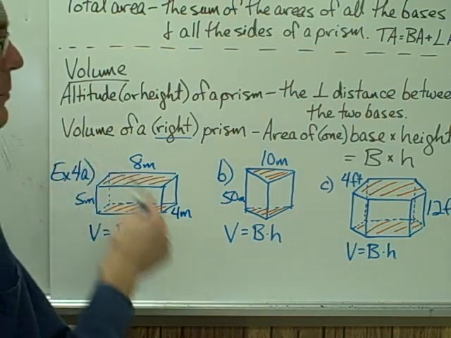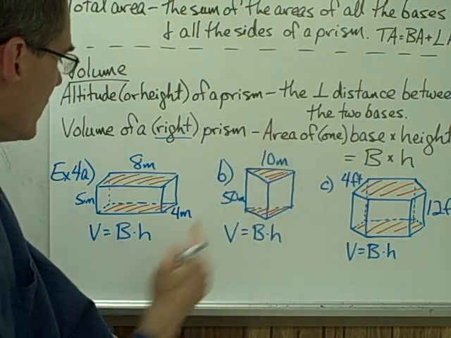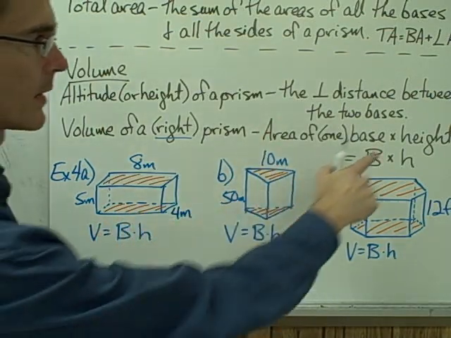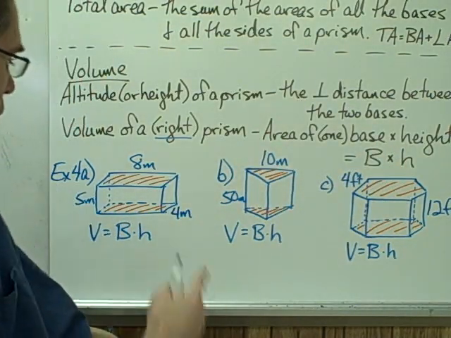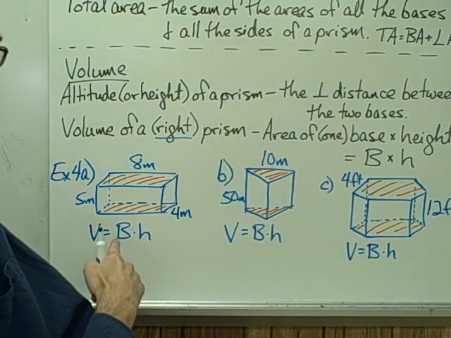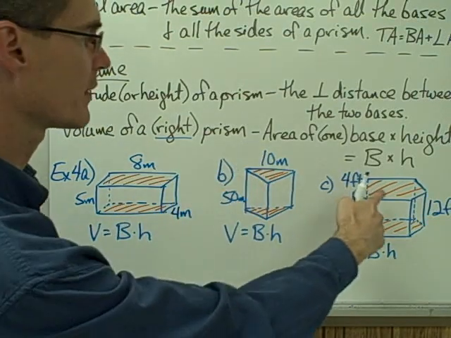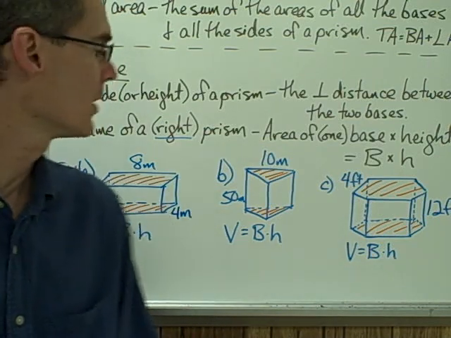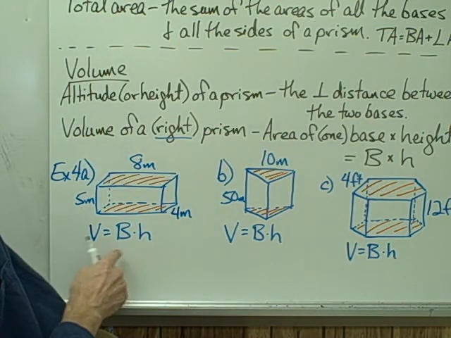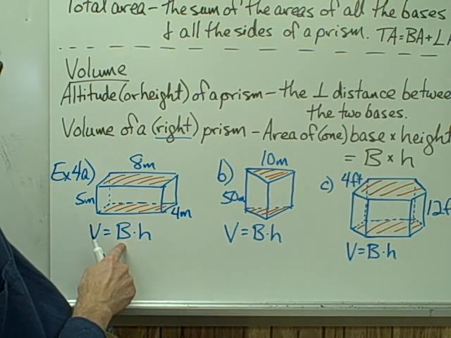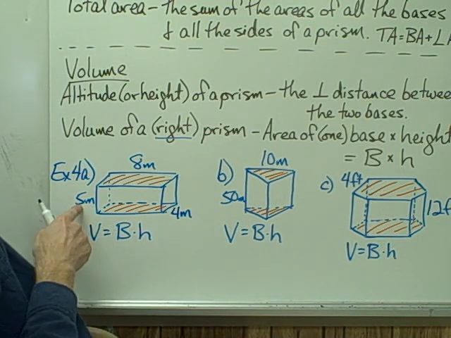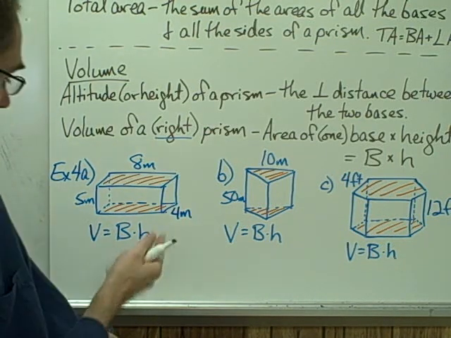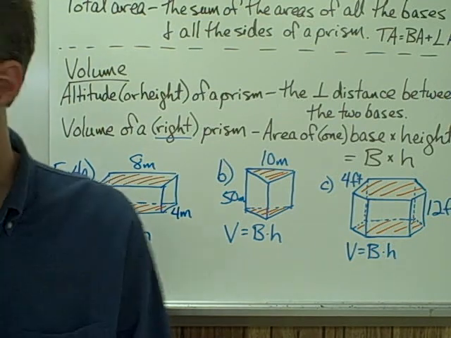So the volume of a right prism is the area of one of the bases times the height of the prism. We've already calculated the area of one of the bases for each of our 3 example figures. So all I need to do is use that area, find the height of my prism, and I can calculate the volume.